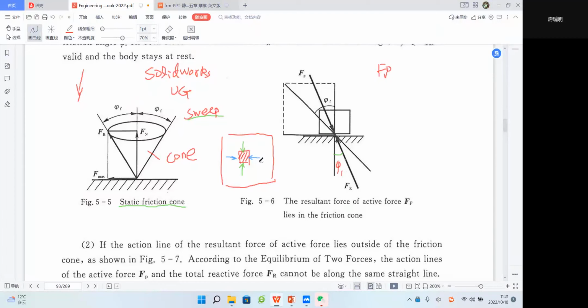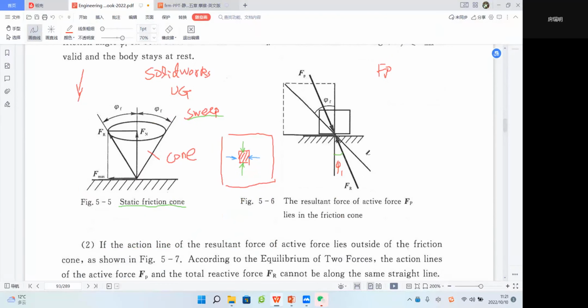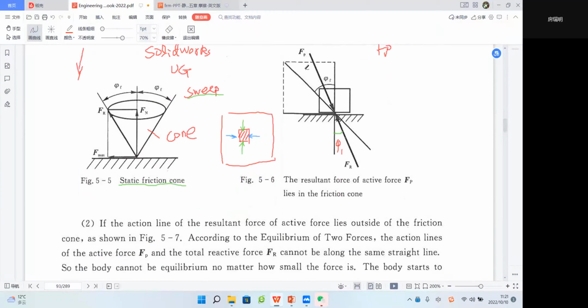This is the so-called self-locking. It's called self-locking because no matter how big this FP will be, we always will have FR with opposite direction, same magnitude, and collinear with this, right?